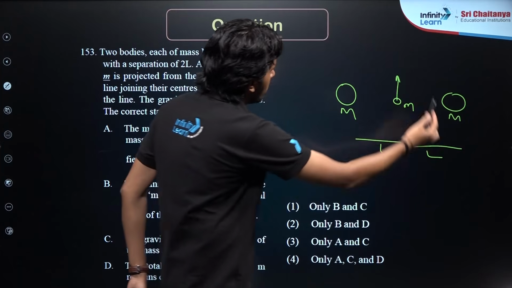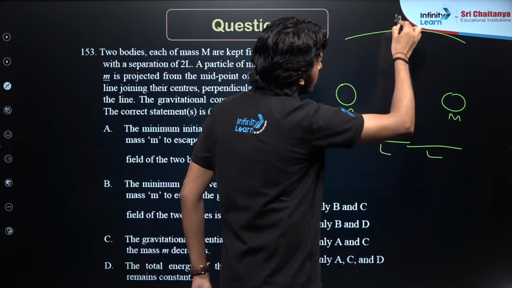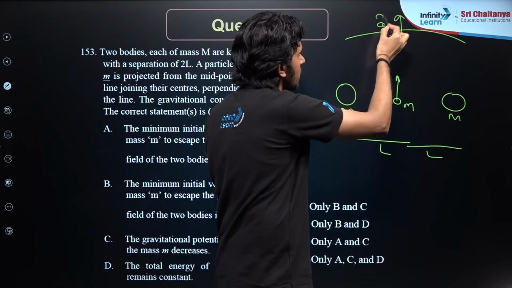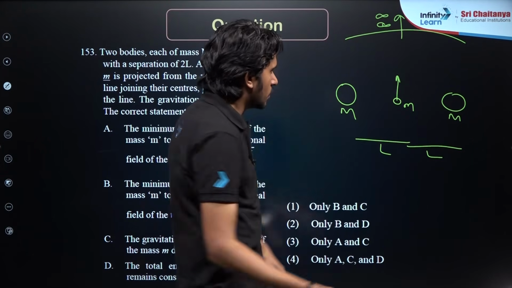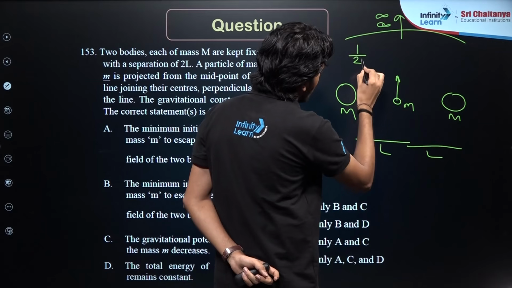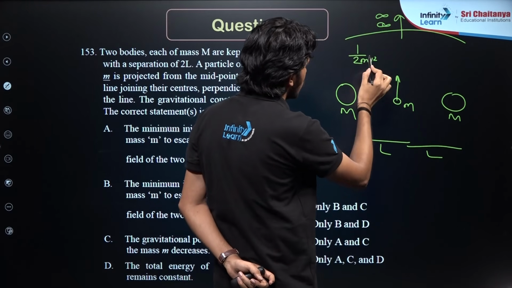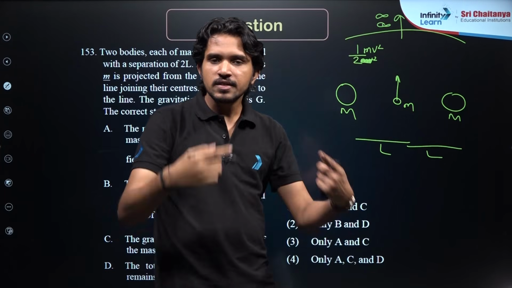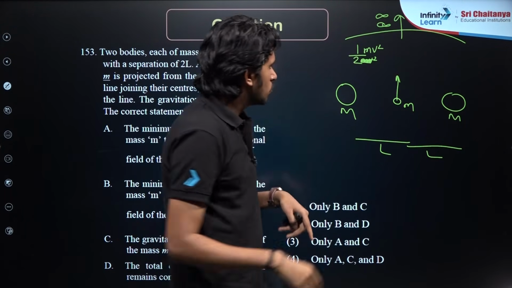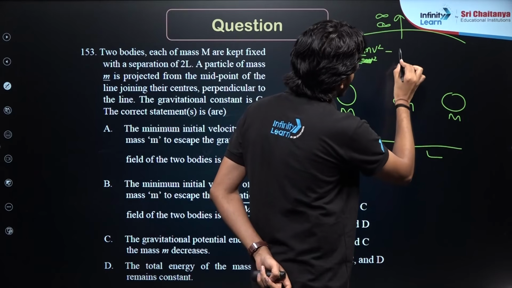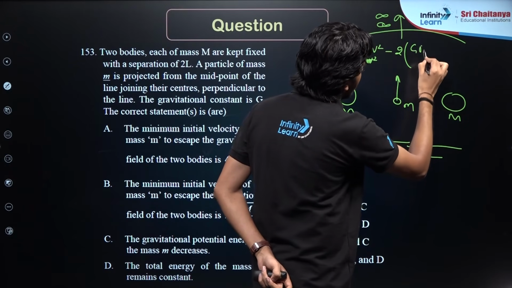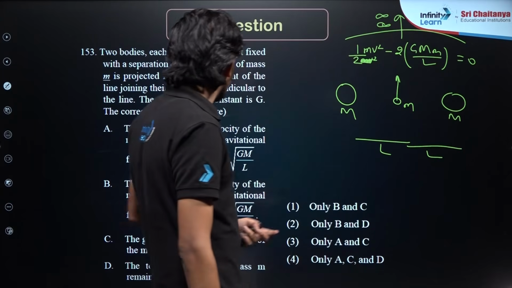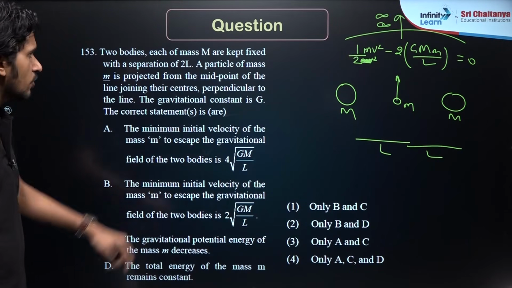So what we need, if you want that it leave that field, that means in the ending potential energy 0 and kinetic energy 0, apply energy conservation. So half mv square, then plus G m1 m2 by r, so minus twice of G m by L equals 0. So then what we need, the minimum initial velocity.